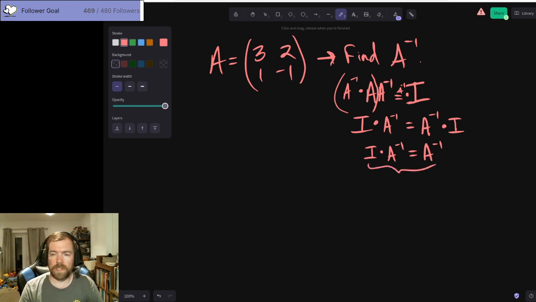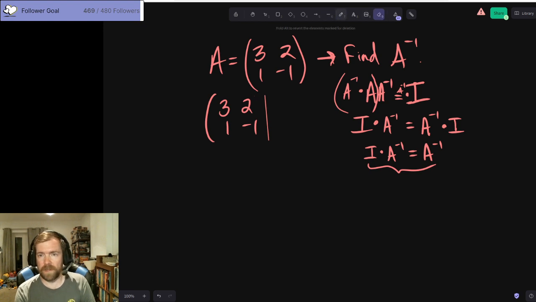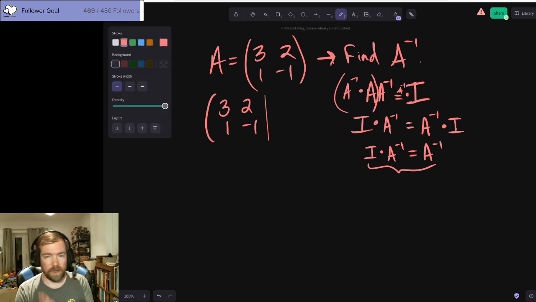What we want here with the stuff we've been doing is we want to augment 3, 2, 1, negative 1 with, not with 0, 0, because that got us the particular null space matrix. What we want here is to augment it with 1, 0, 0, 1, the identity matrix.